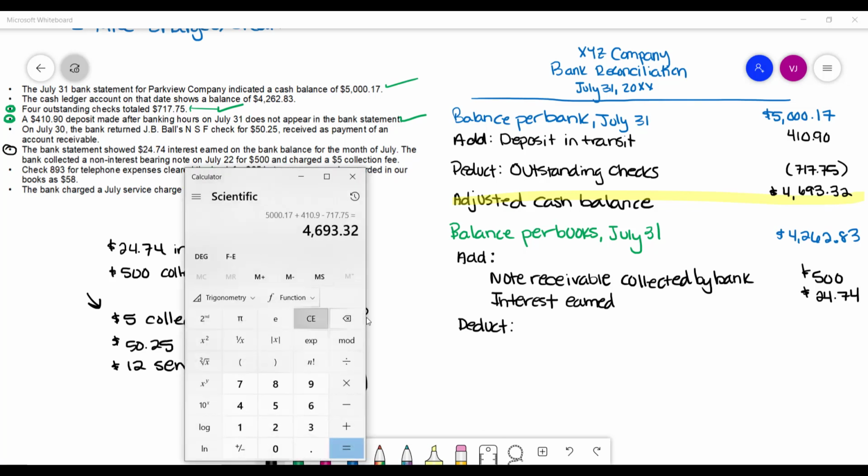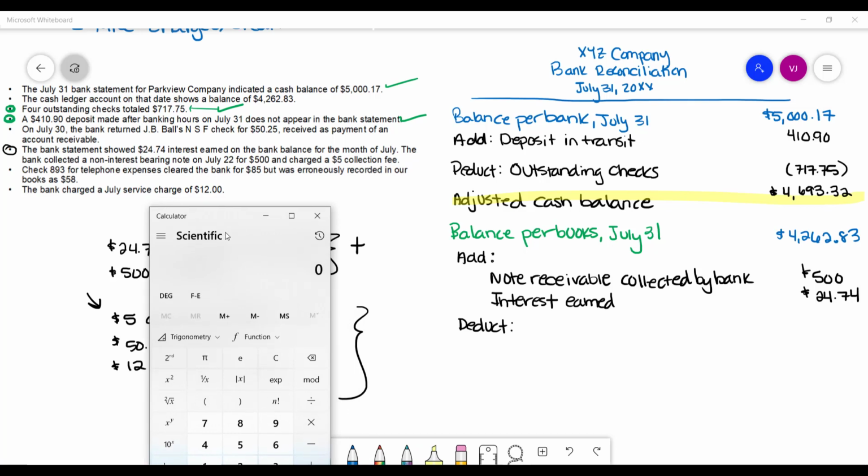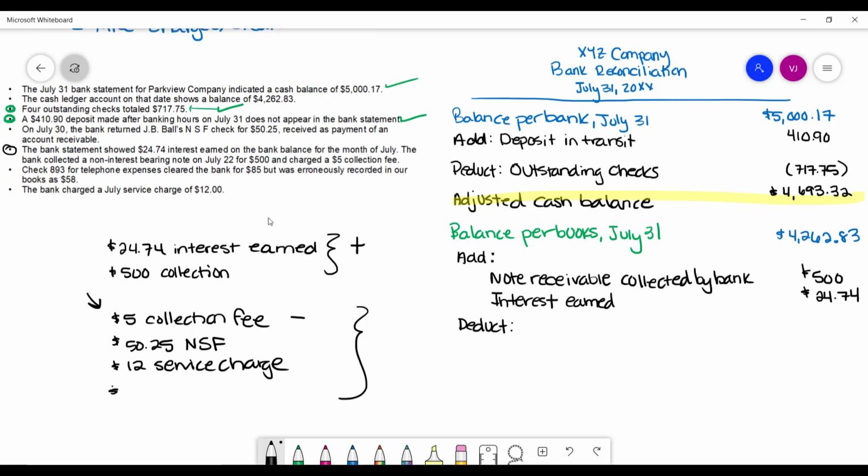We recorded a payment of cash as $58, but it was actually a payment of $85. We just made a mistake in our journal entry, so that's a mistake of $27. We only reduced cash by $58 when we should have reduced cash on the books by $85, because $85 is what we actually paid. So we need to deduct another $27 from our cash balance on the books.